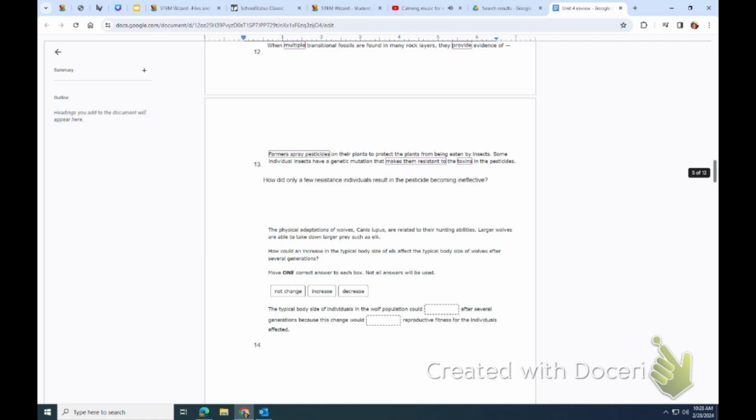The unchanging environment. No. Say it again. Xander? Evolution over time. Okay. You both have bits and pieces. It is gradual change over time.